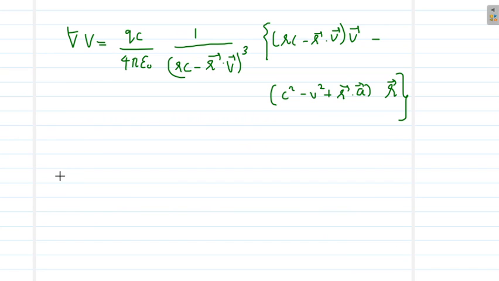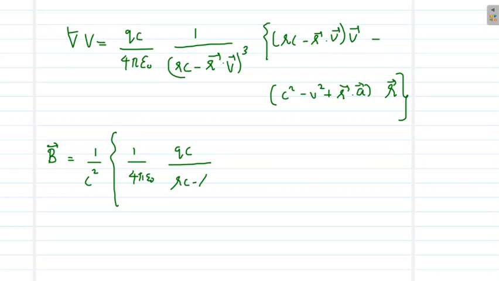So we can find magnetic field B to be equal to 1 by C square into 1 by 4 pi epsilon 0 QC divided by RC minus R bar dot V bar, which is simply the scalar potential.